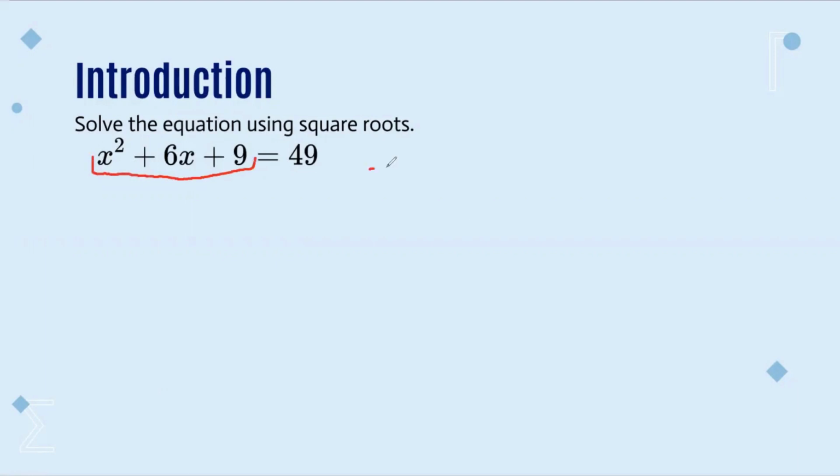So what I'm trying to think of are two numbers that multiply to positive 9, and also the same two numbers that will add to positive 6. And so factors of 9, we would have 3 times 3. We know that 3 times 3 will equal 9, and it also adds to 6.